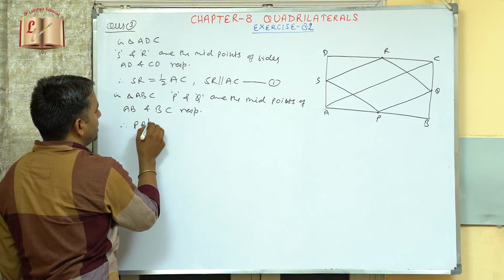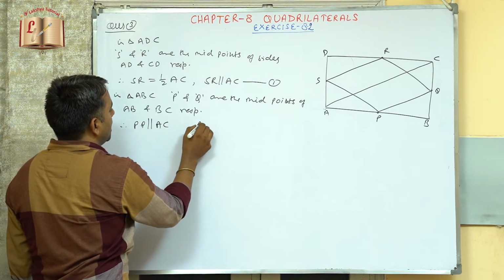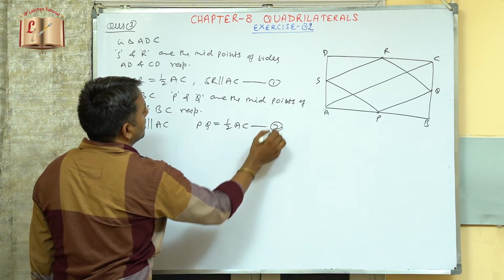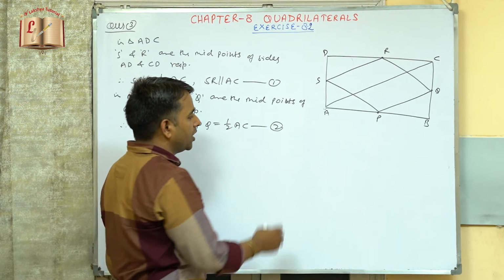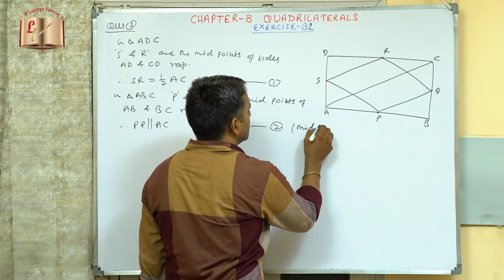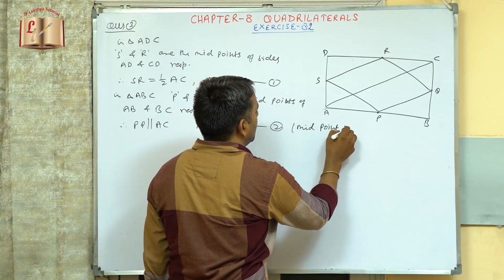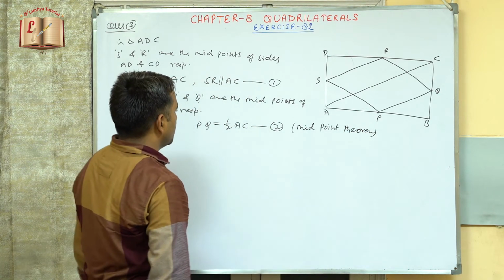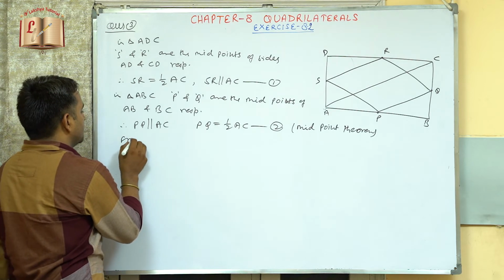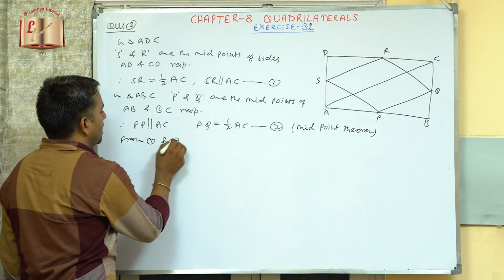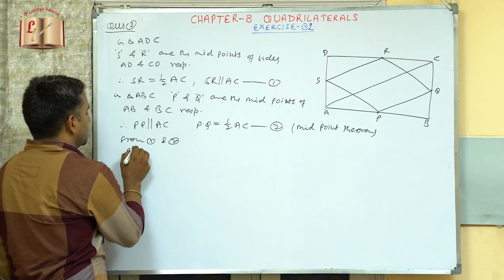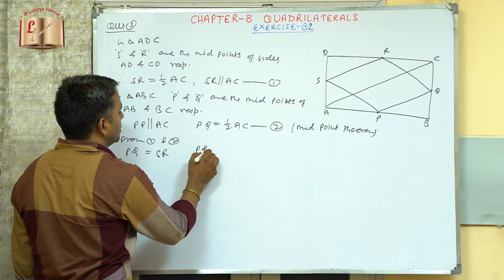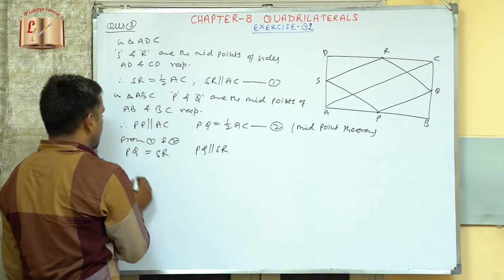Therefore, PQ is parallel to AC and PQ is half of AC. This is equation number 2, again from the midpoint theorem. So from 1 and 2 we got PQ is equal to SR and PQ is parallel to SR.